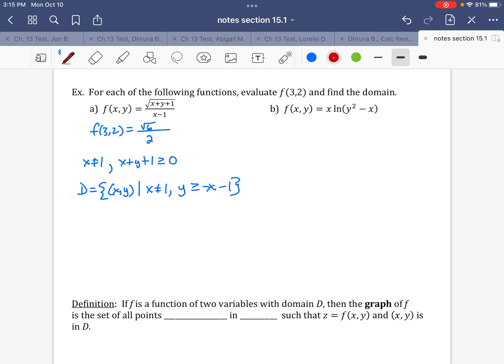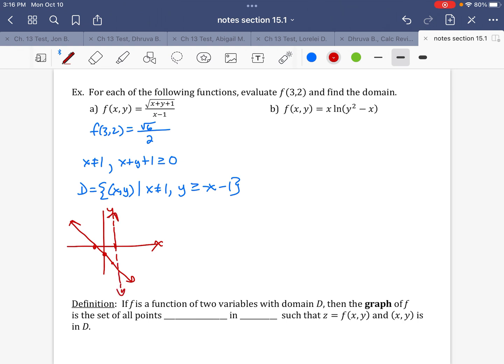So if we wanted to, we could graph what's going on right there. Negative x minus 1 starts at negative 1, goes down 1 over 1, or up 1, back 1. So that is that solid line, and I want everything above it. But I also do not want x to be 1. So when x is 1, I have a dotted line right there that I don't want to touch.